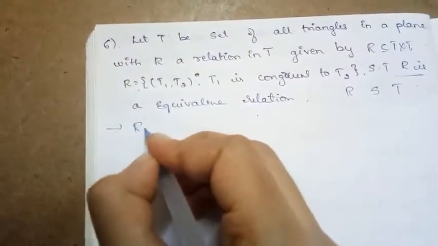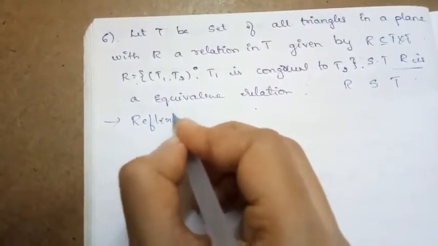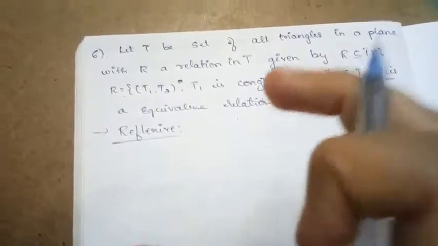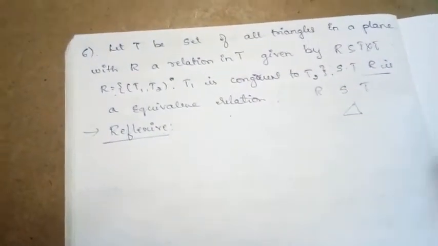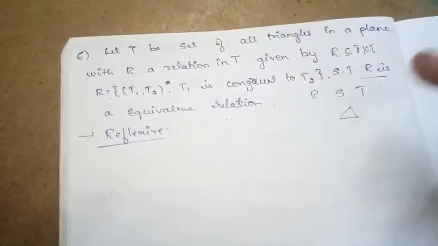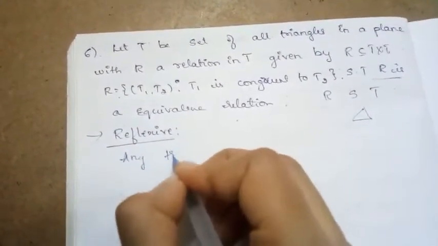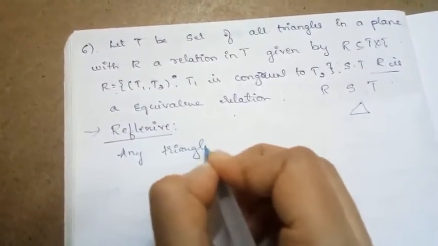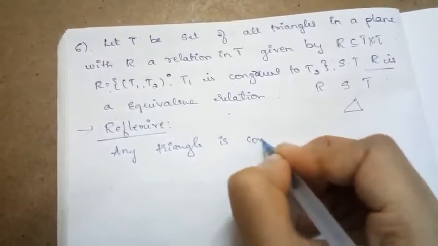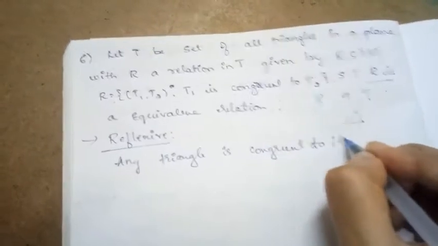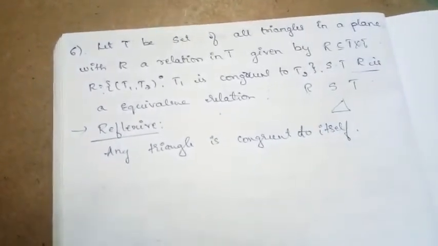Now first let us check for the reflexive relation. If I take any triangle, a triangle is congruent to itself. I can say that, right? One triangle is congruent to itself.